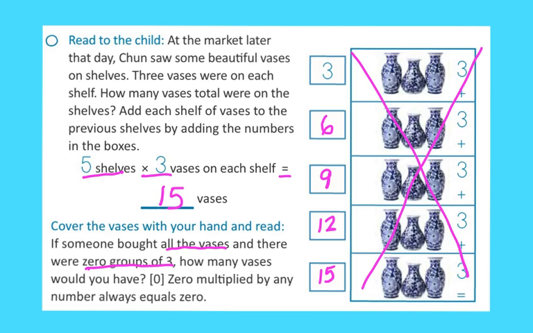That's because you either have 0 groups or 0 in each group. If I have no groups with 15 in each group, I still have 0. Or if I have 15 groups with nothing in the group, I still have 0. So 0 multiplied by any number is 0.